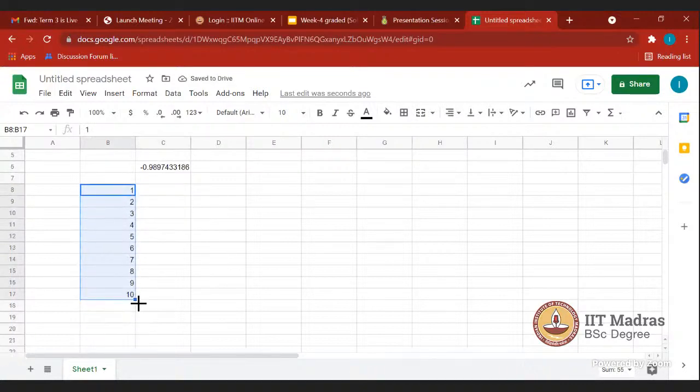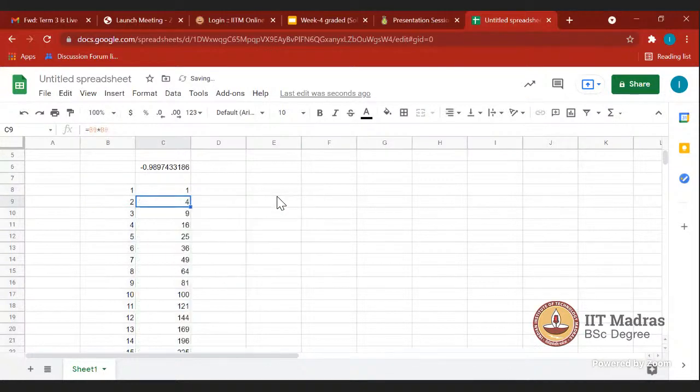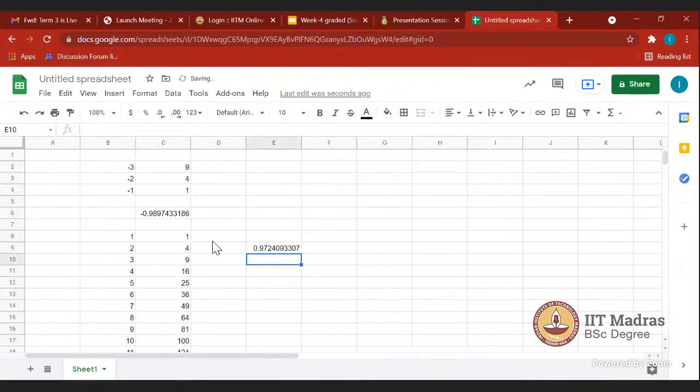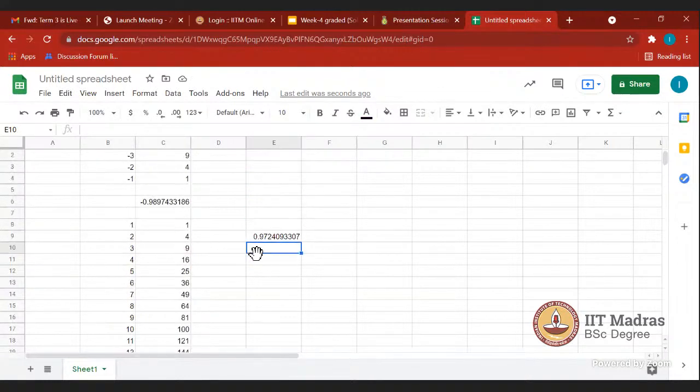Take it till 20 or something. Okay, it's still close, but it's reducing a bit. In the long run, it won't remain close to 1. If you take it till 100, 200, it will keep on reducing. For small values, it's close to 1.